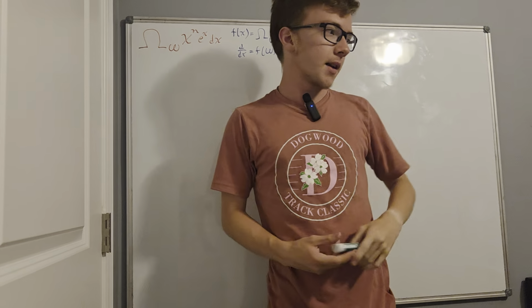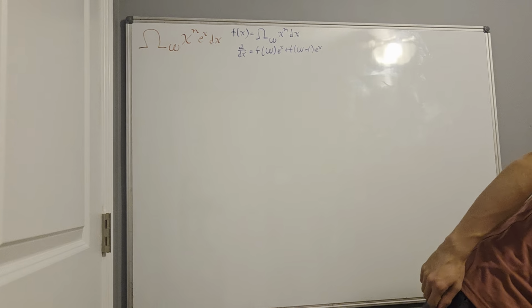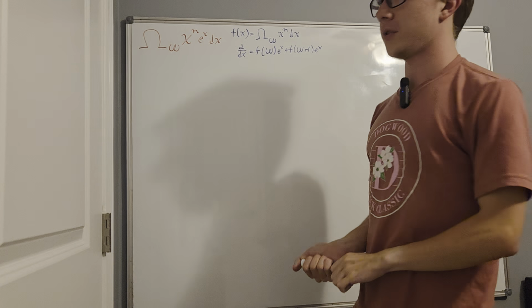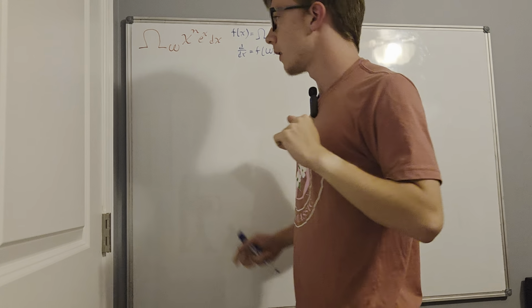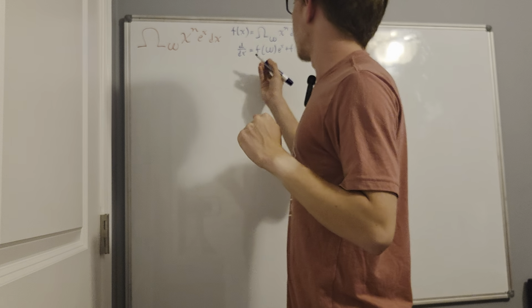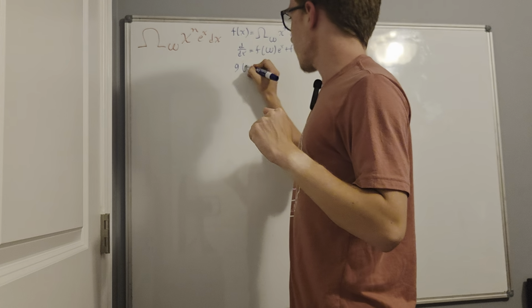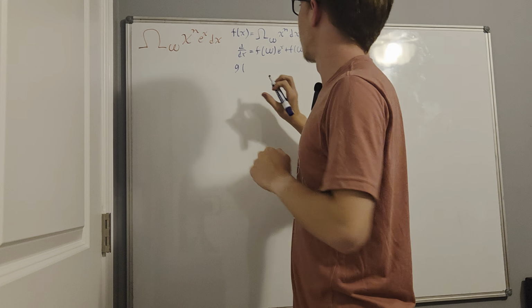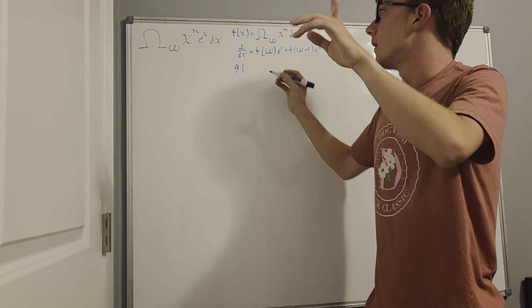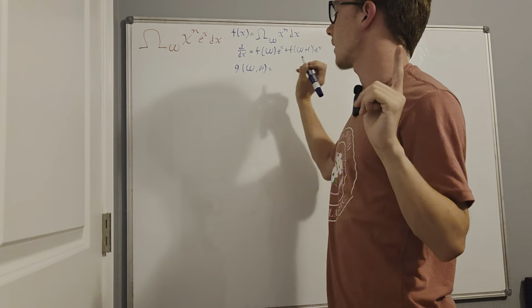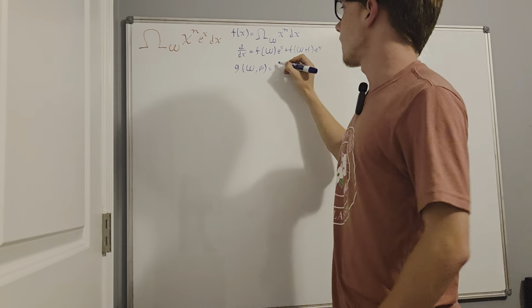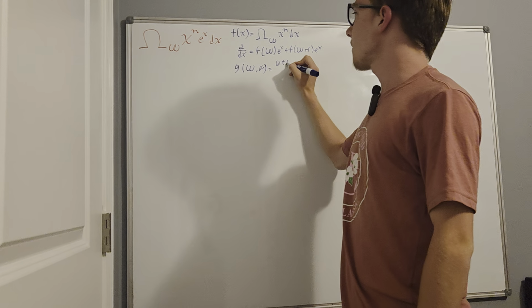The way I'm going to do that is I'm going to create another function, because I have not quite figured out how to exactly pinpoint a spot on there. So I'm going to say g of x. Actually, not g of x. What I'm going to say is g of omega and alpha is going to be equal to the alpha index of the omega row of Sierpinski's triangle.